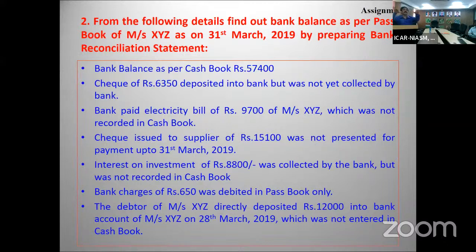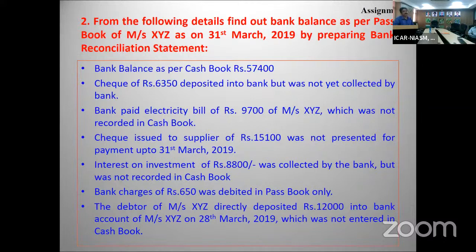When the bank paid electricity charges, our passbook balance reduced. So what do we have to do with the cash book to make it equal? The cash book balance has to be reduced. So: less electricity payment of rupees 9,700, paid directly by the bank but no entry in the cash book. You can write that.